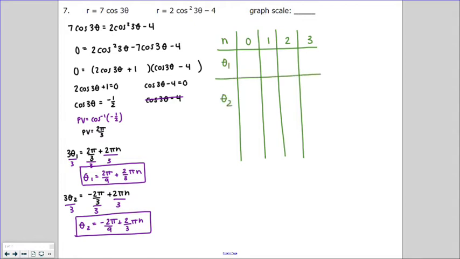Okay, so I'm going to start with our first general solution equation. When n is 0, we get 2 pi over 9. Now remember, 0 to 2 pi, what we're looking for, I'm just going to turn 2 pi into something over 9 so that I don't have to do a lot of thinking when I start getting solutions. So 2 pi is the same thing as saying 18 pi over 9.